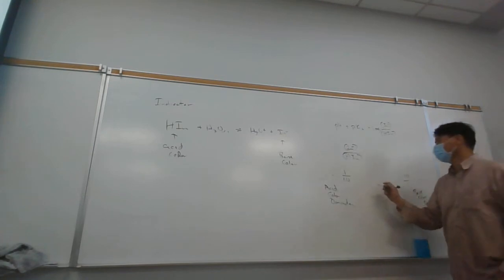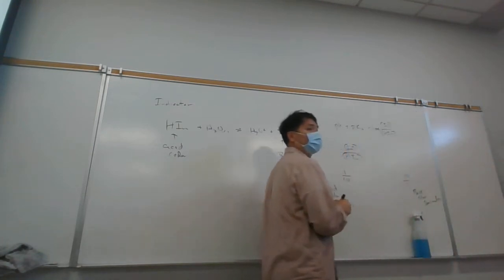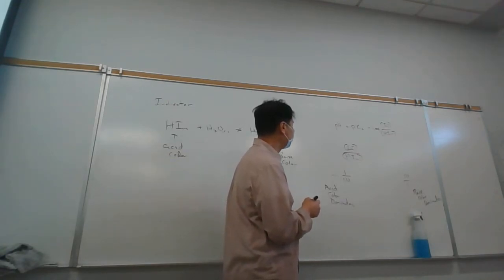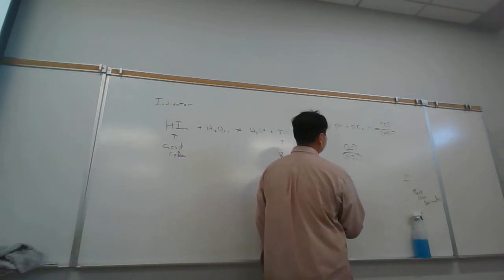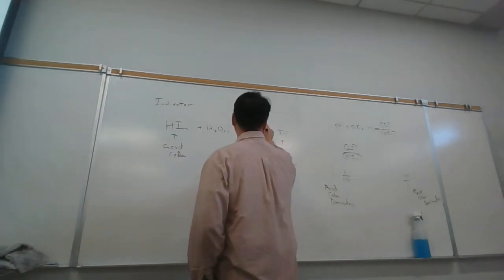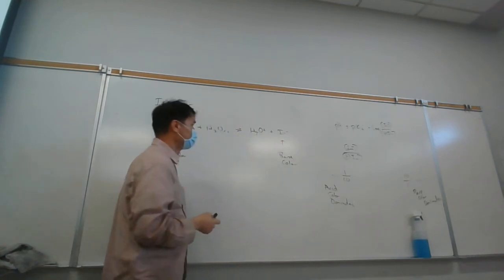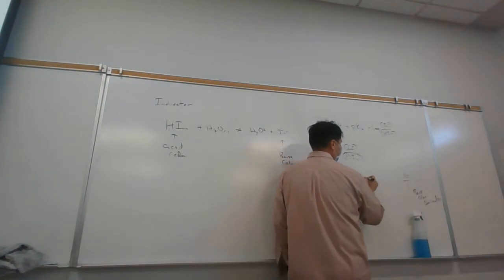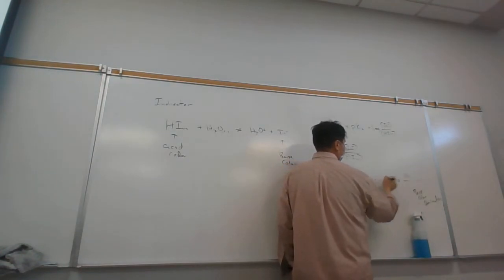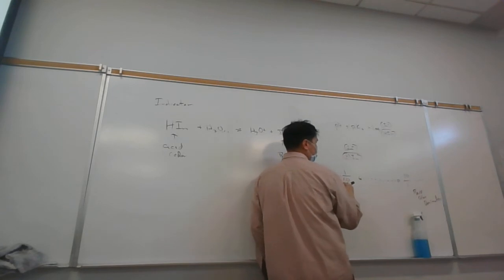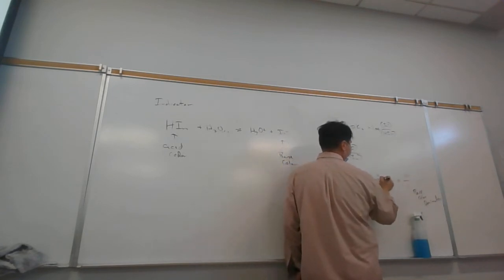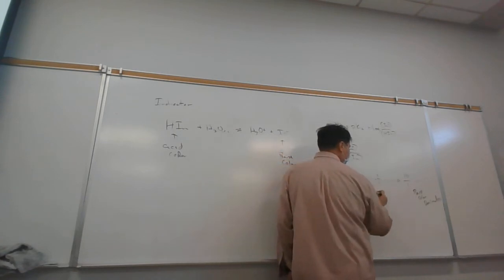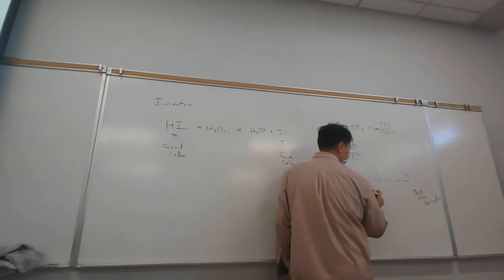But if we're in between these two, let's say a 1 to 1 ratio or anything close, then we're going to get an intermediate color, that is a mixed color.